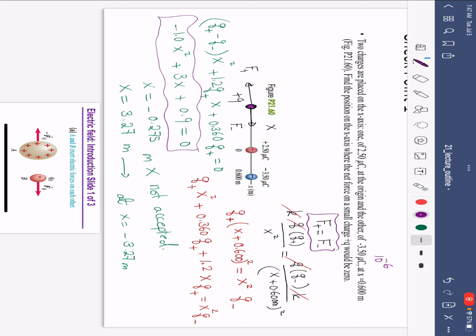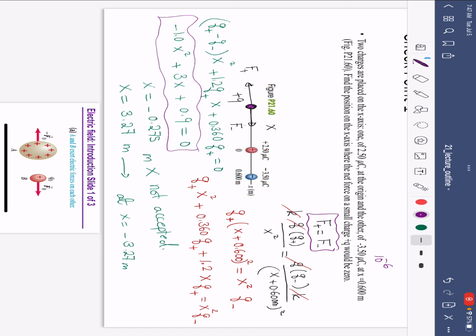The reason is it's telling me that it might be on the other side, closer to the negative 3.5 microcoulomb, and this is not accepted. It should be closer to the smaller charge, and therefore it is going to be at negative 3.27.